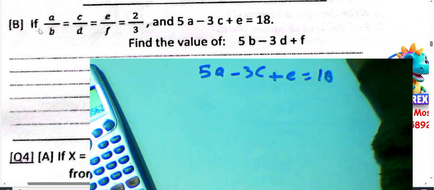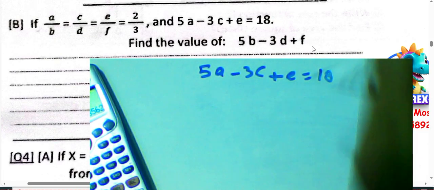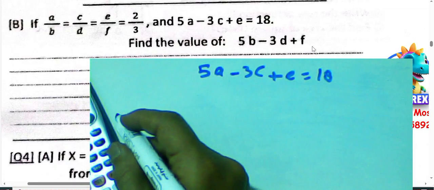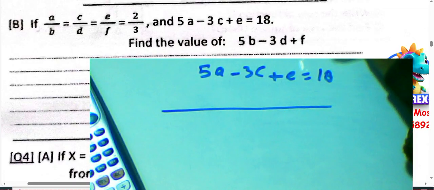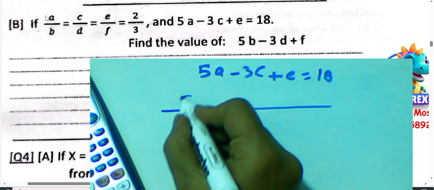Do you know about this example? We want 5A subtract by 3C plus E. Give me this information, and you want to find value of 5B subtract by 3D plus F. Okay. We can do this operation about this example. Pay attention. Okay. If we put, look at here, this expression, 5 product by A, it will be 5A.